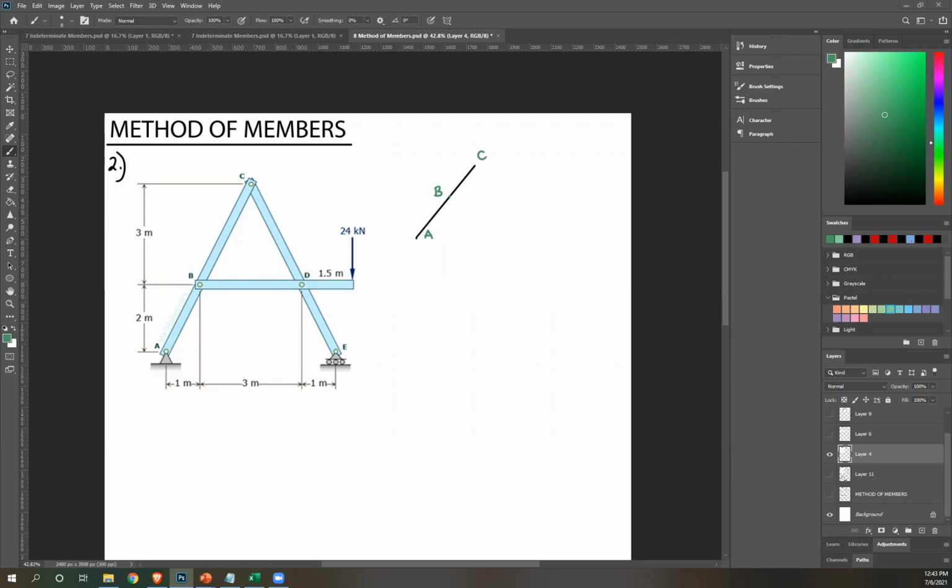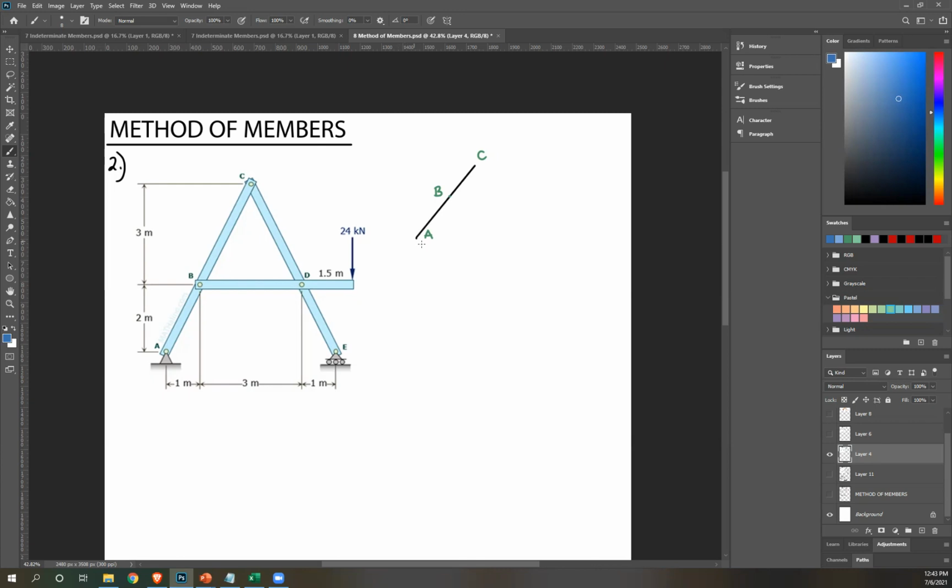Next step, you're going to assume direction of your forces. Again, there's always a vertical and horizontal force on each hinge. So let's start with A. A is actually a support. It's a hinge, so the reactions there are perpendicular and parallel. Again, you're going to guess direction.